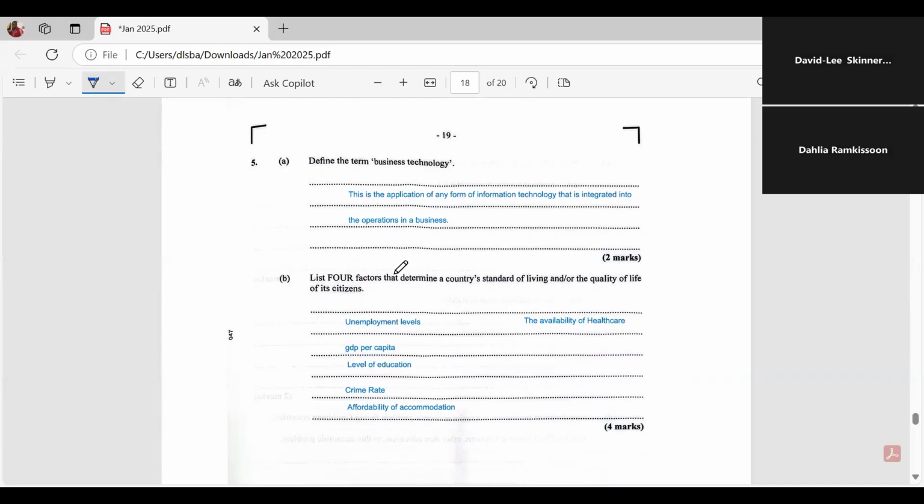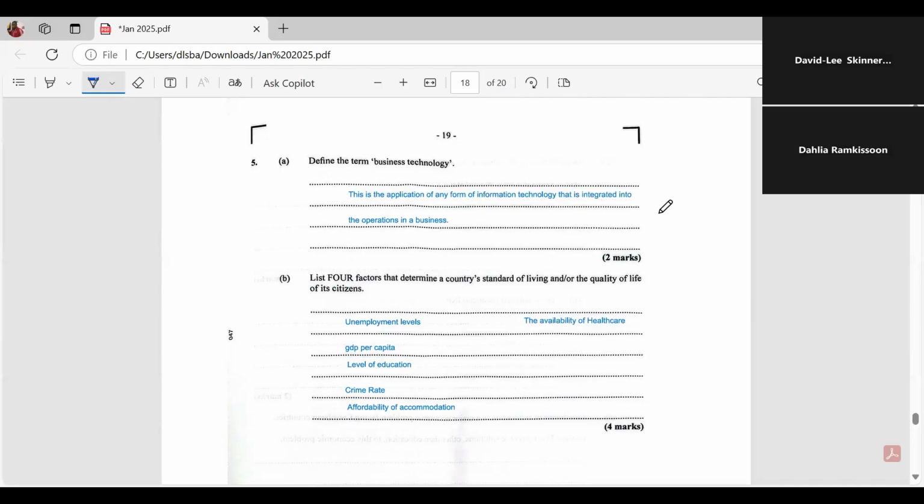Then they said list 4 factors that determine a country's standard of living and/or quality of life for its citizens. So you look at stuff like the unemployment rate. If the unemployment rate is high, chances are the quality of life and standard of living is low. If the employment rate is high and the unemployment rate is low, then the quality of life and standard of living is probably high.